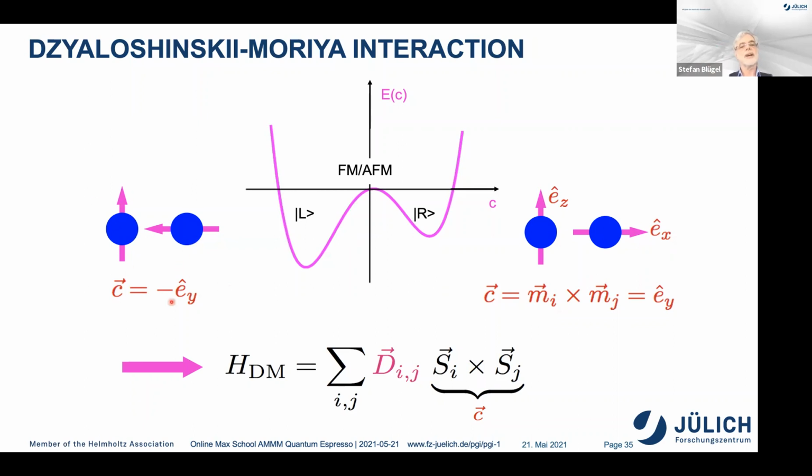And in counterclockwise, this cross product maybe points into my direction. And what you see is, if you rotate left and if you rotate right, it has a different energy. And the difference in the energy depends on the sign of this Dzyaloshinskii-Moriya strength. And the sign of the Dzyaloshinskii-Moriya strength depends on the details of the electronic structure.